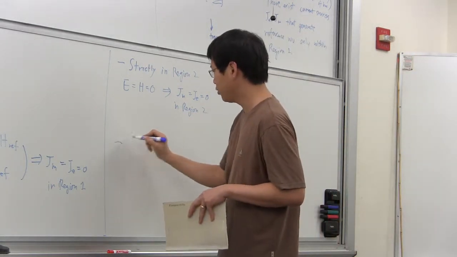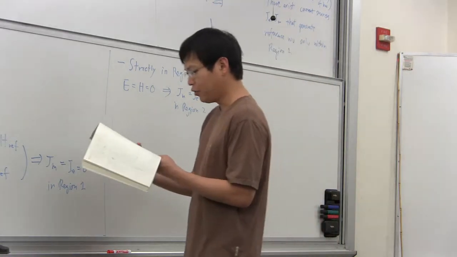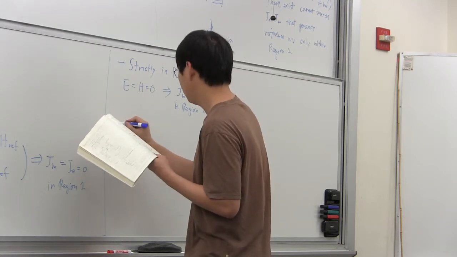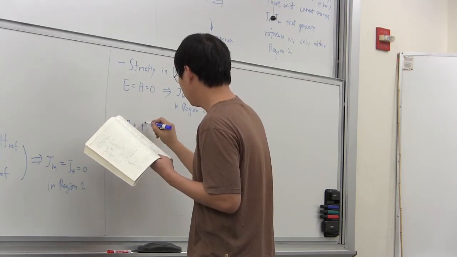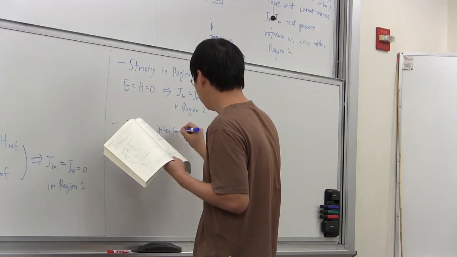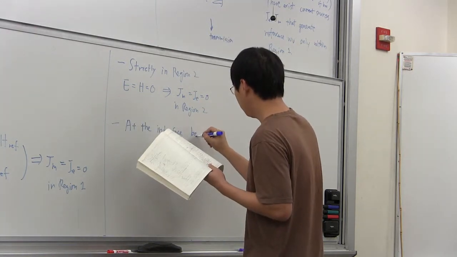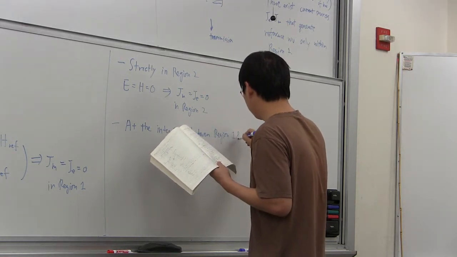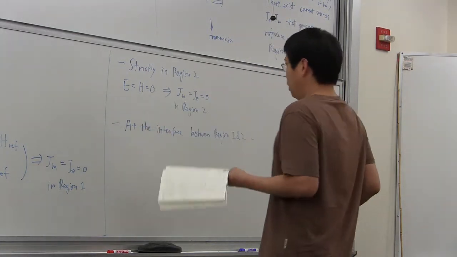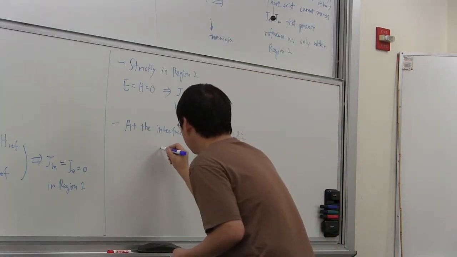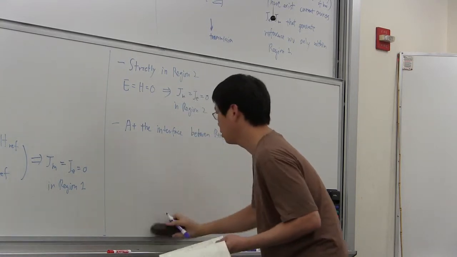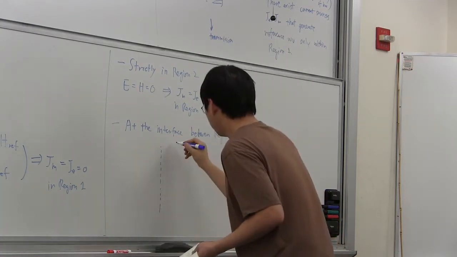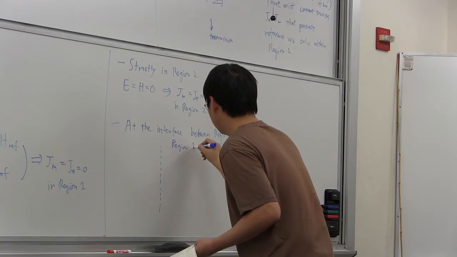And now we'll look into the boundary of the virtual box, at the interface between region 1 and 2. So this is region 1, region 2.